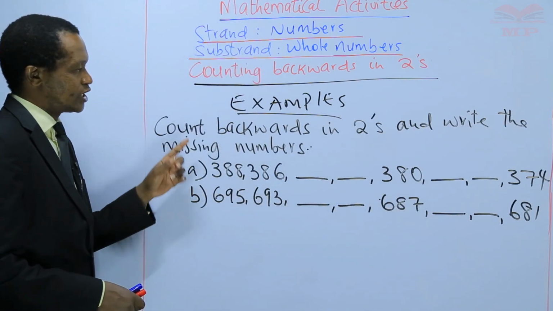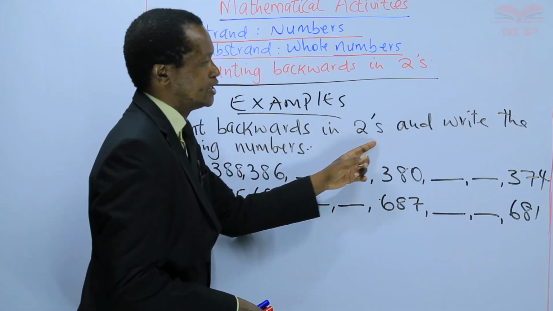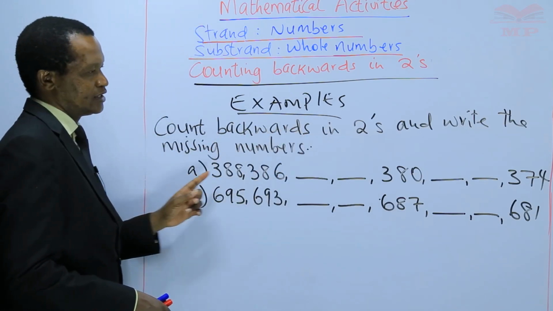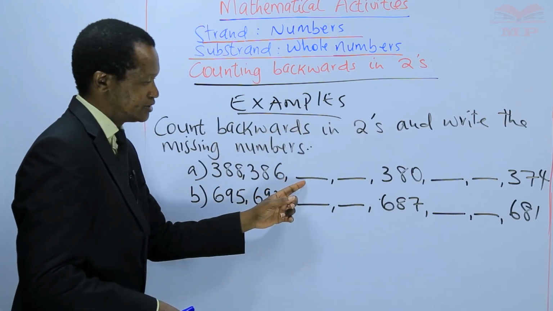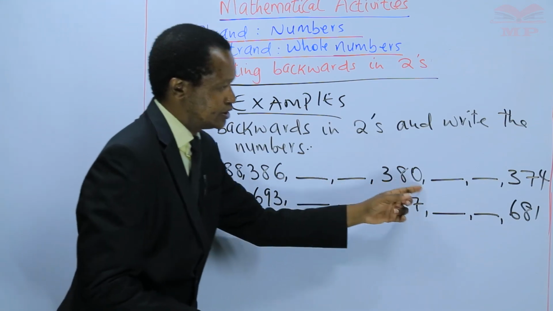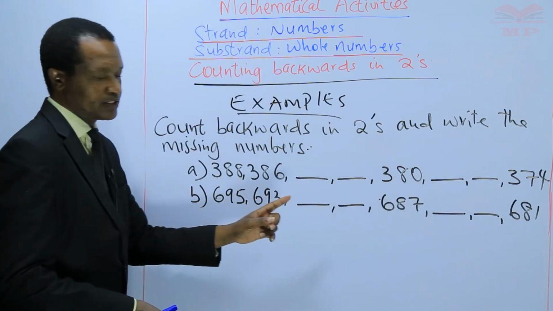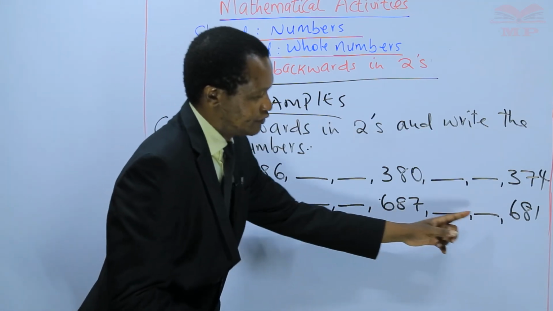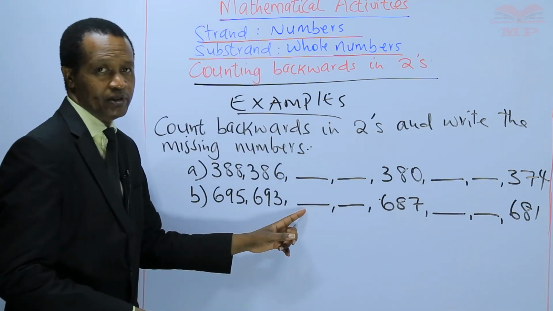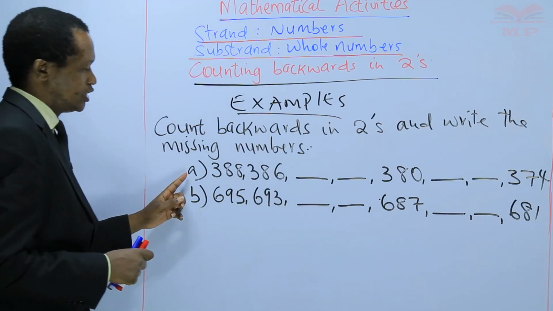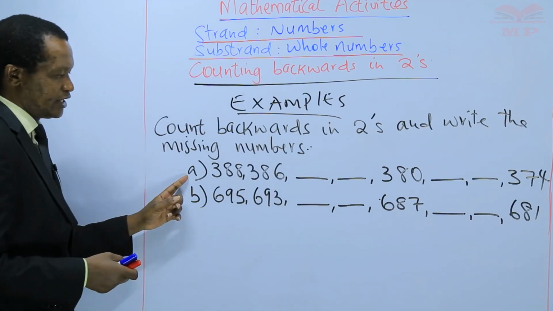We are going to count backwards in twos and write the missing numbers. In A, there are 4 missing numbers: 1, 2, 3, 4. In B, there are also 4 missing numbers. Where there is a dash means there is a missing number. So we are going to answer A first.